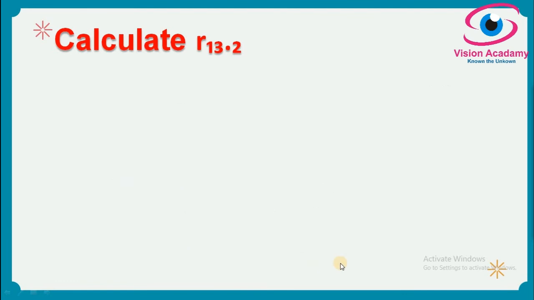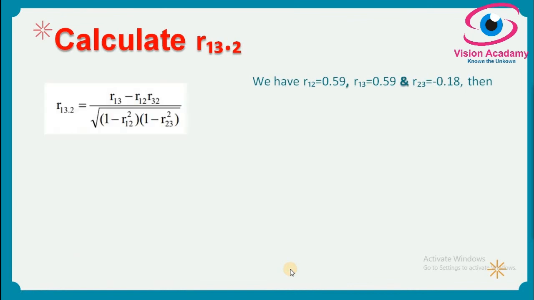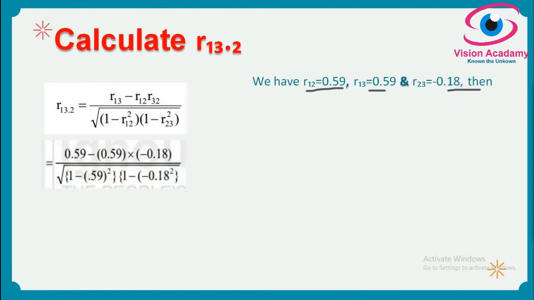The last one is the partial correlation. This is the formula to apply for this partial correlation, and these are the given values. We have the zero order correlation coefficient values to apply this formula. Now I will replace these values in the formula. So firstly R13 is 0.59, here 0.59, and R12 is also 0.59, so here 0.59.